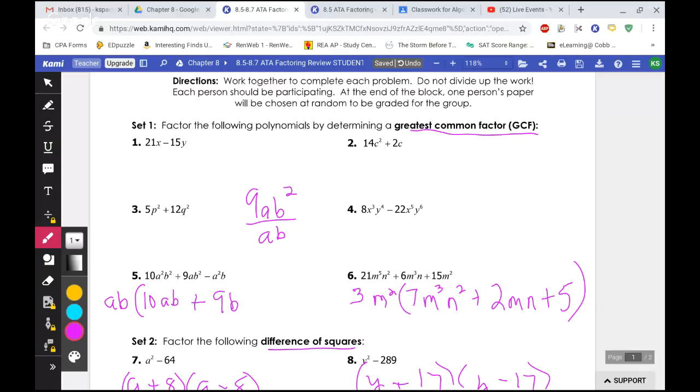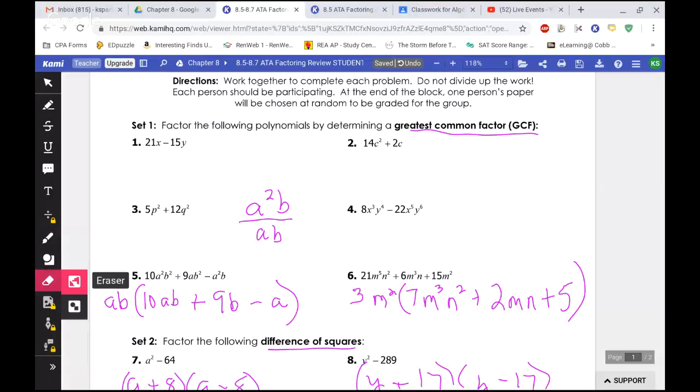Good job. And if you need to write it like that just so that it's easier for you to see, please do. What will I have left there? A. Good job. That's it. So that's number 5. Any questions about number 5?